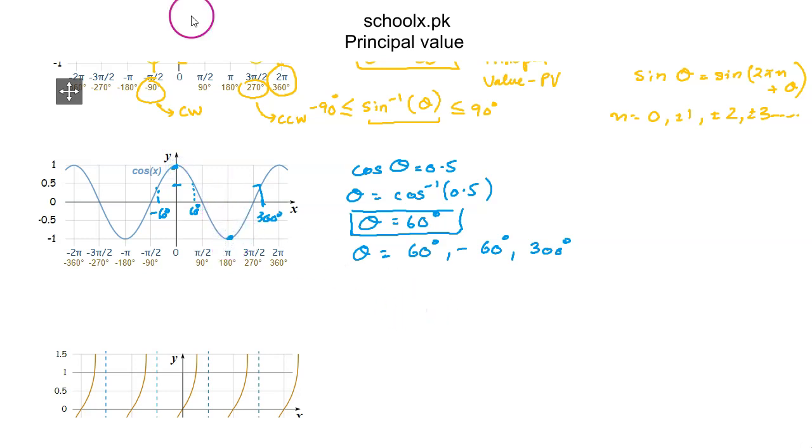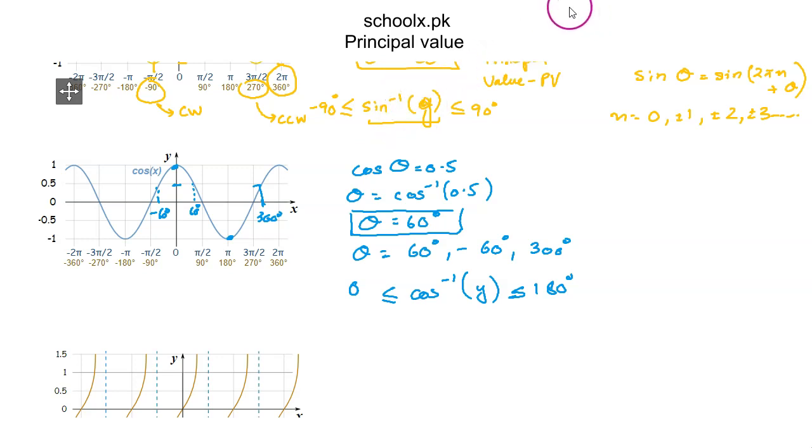Let's say cos inverse of y, you'll always get the answer from 0 to 180 degrees, or from 0 to pi, right? This right here is not theta, because theta stands for angle. This is, let's say, y, like any number of which you're taking the inverse of.